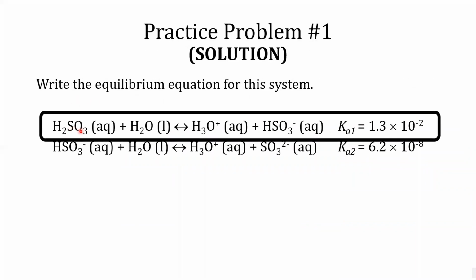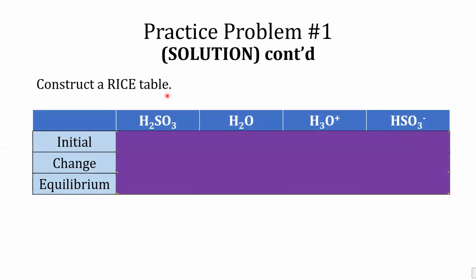First, we write the two ionization systems H2SO3 undergoes, but we will look at the first ionization system involving aqueous H2SO3 in water ionizing partially to form hydronium and bisulfite ions. Ka1's value is 1.3 times 10 to the minus 2. One then constructs an ICE table.